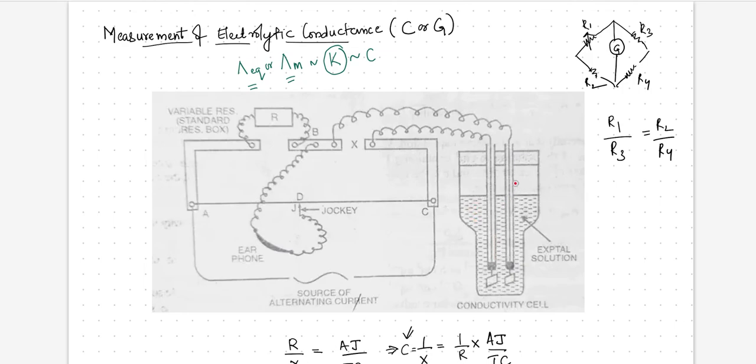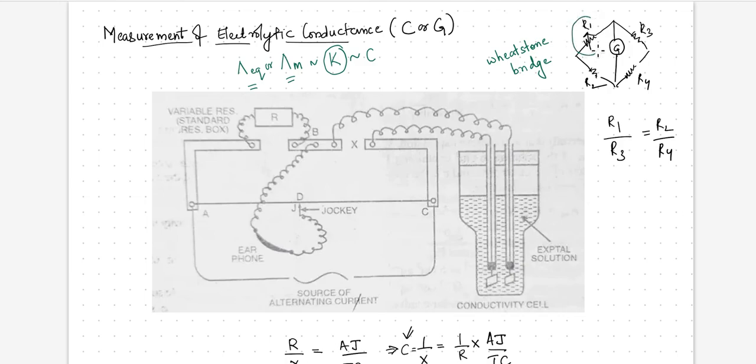This cell is then connected to a kind of resistance system, which you might have learned in physics, like the Wheatstone bridge. The Wheatstone bridge is used to measure an unknown resistance. It looks something like this.